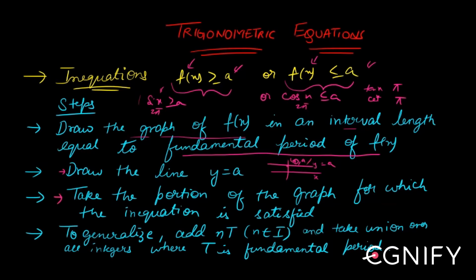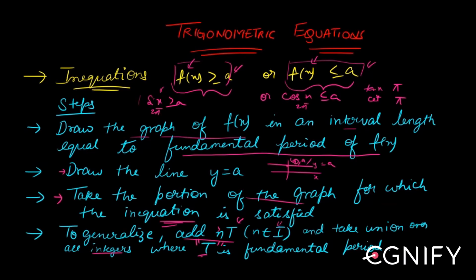Then you will take that portion of the graph for which the inequation, whatever is given in your question, is satisfied. And then finally you will add nT in the solution, and take the union over all the integers. Your n is obviously an integer. So you'll add nT, take the union over all integers, where T is your fundamental period of the same function f(x). These are the steps.